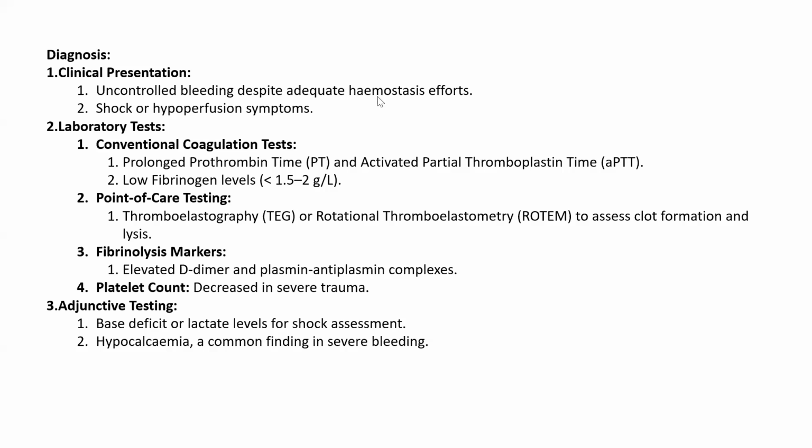If you have point of care testing, that would be really good. Either a TEG or a ROTEM would help you understand the type of trauma-induced coagulopathy. Other indirect markers like D-dimers can help you understand whether the patient is in an active state of coagulopathy. Along with all of this, there will be other indicators of hypoperfusion like your base deficit, lactates, etc., which can help you understand the level or the severity of shock.